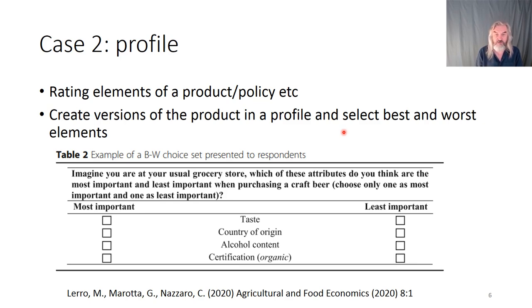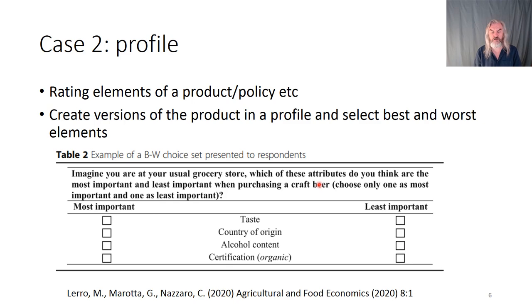You see here, this is about buying beer, and it's asking, when you're going in to buy this product, what are the most and least important characteristics when you're making that choice off the shelf? There are elements here: taste, country of origin, alcohol, whether it's organic or not, and you have to choose which is the most and which is the least important.